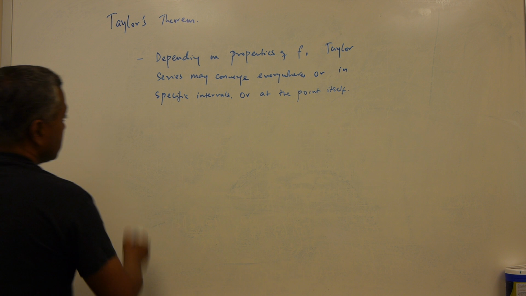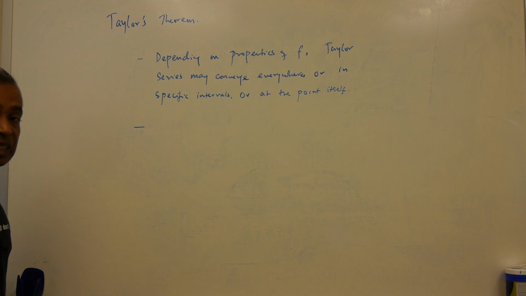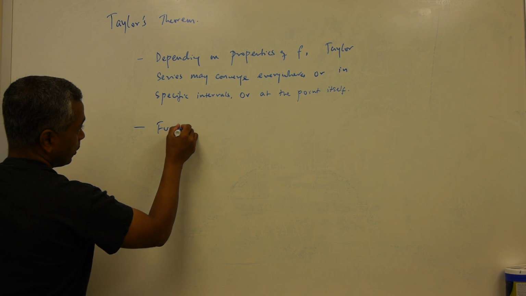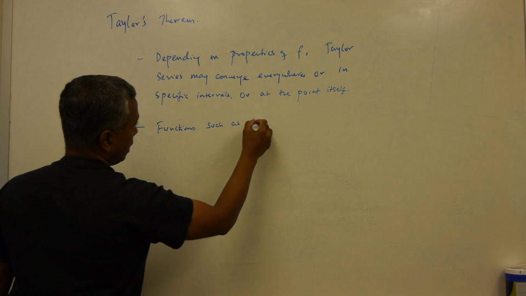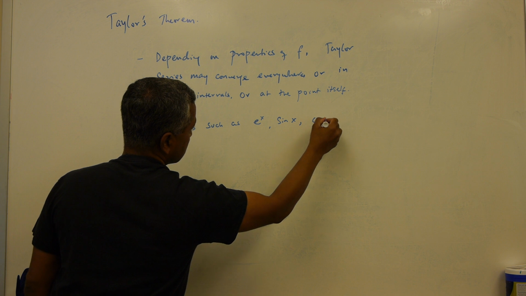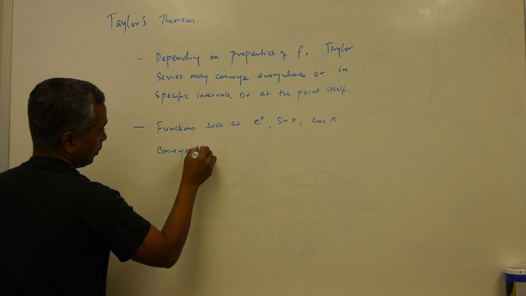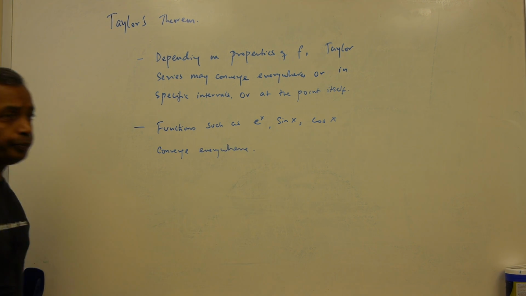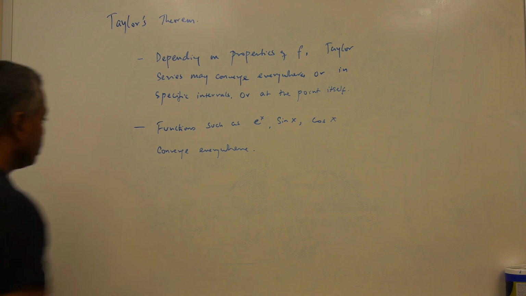The second thing you need to know is you will encounter nice functions, such as e to the power x, sine x, cosine x, that converge everywhere. And finally, you might have heard of the term Maclaurin series.